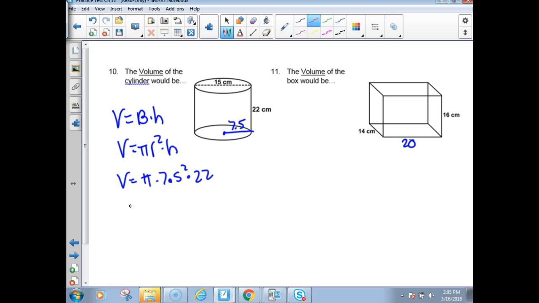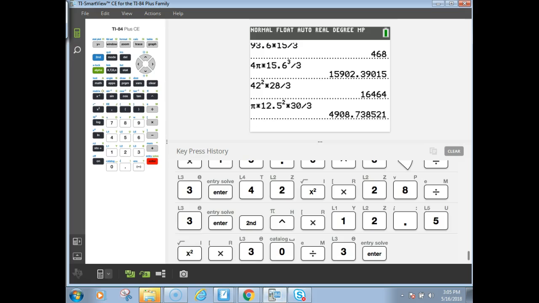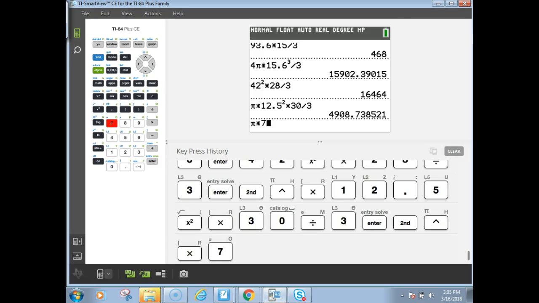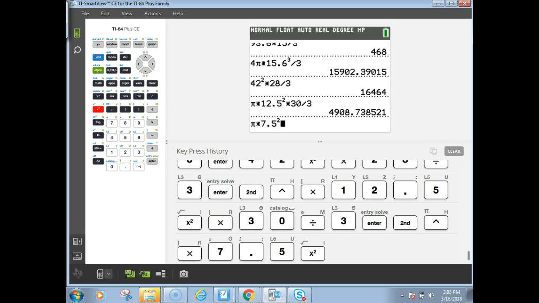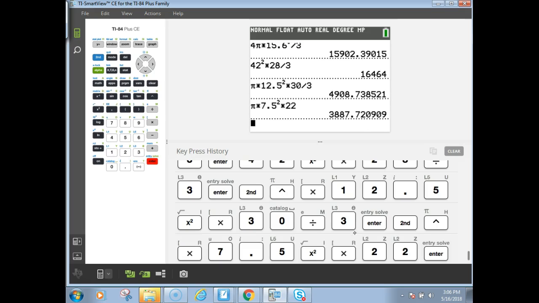Some of you really need a good grade tomorrow on this. Let's go for it. 7.5 squared. Once again, I forgot my height. Guess I could look over at the paper. What was it? 22. Thank you. And it was just a cylinder, 3,887.7.